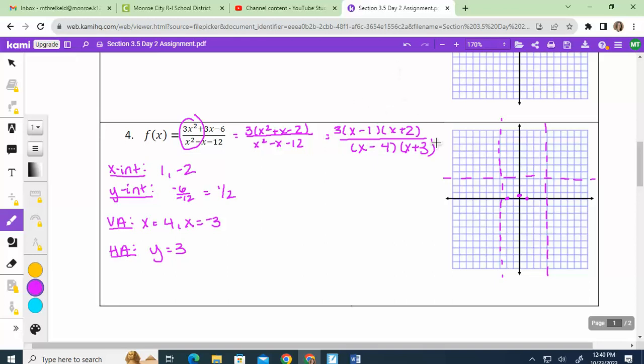And then we see the first section of the graph is above that horizontal asymptote. Next one is like an upside down parabola hitting our 3 intercepts here.